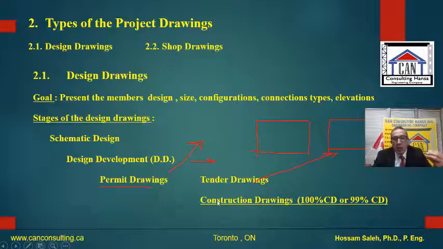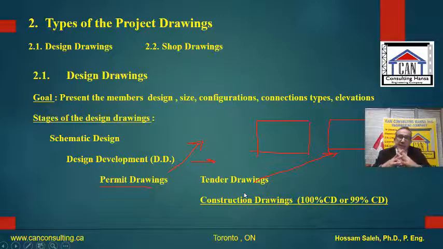Until this drawing is ready, we should have received the permit drawing, and the contractor will submit to us, or to the project manager, his price. So the owner will have the best price from the contractor, and he has the final design drawing.